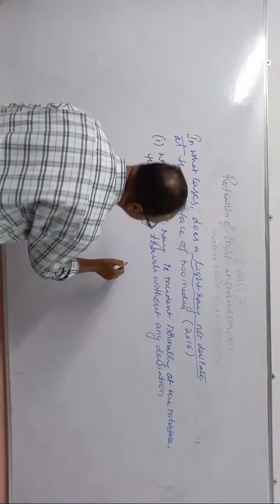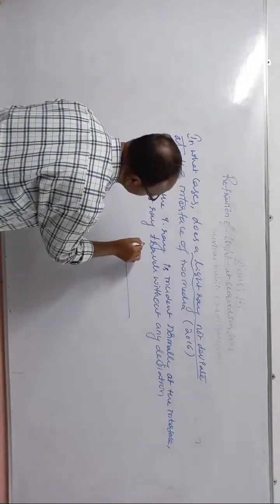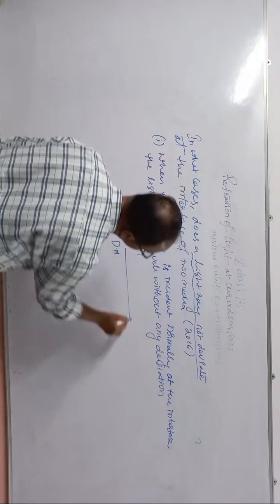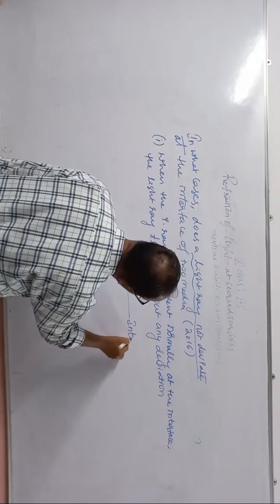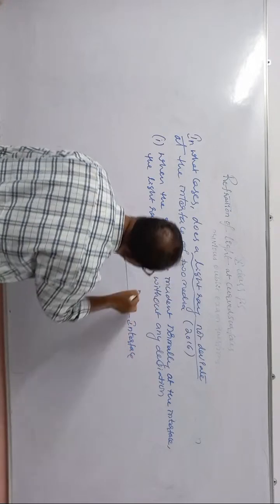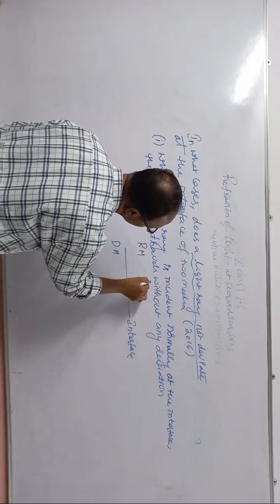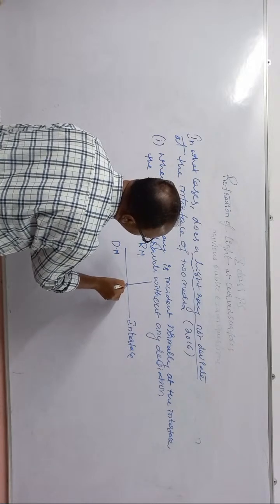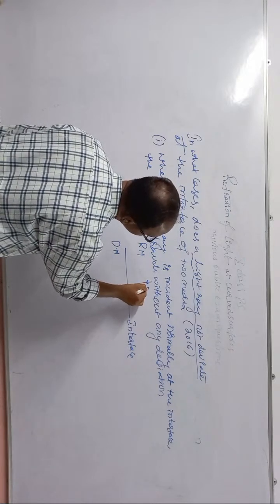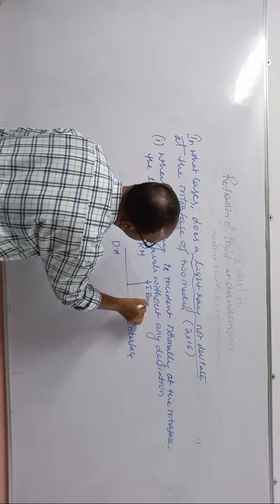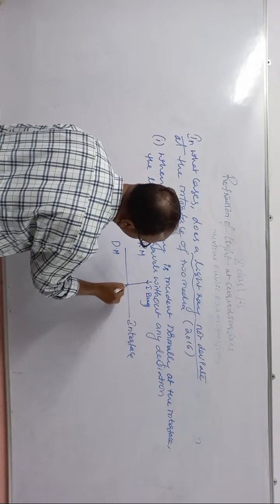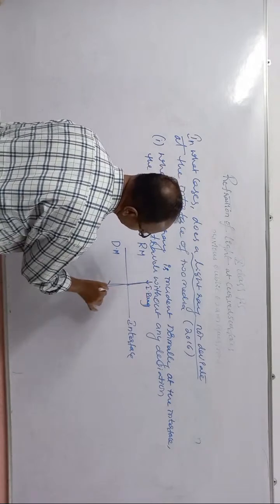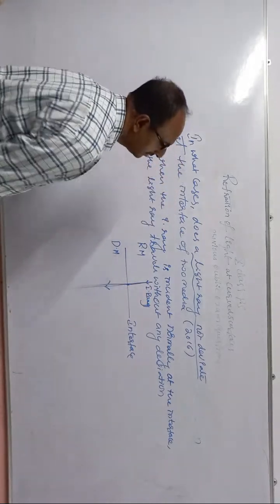So like that, for example, it is the interface, rarer medium, denser medium, and this is called interface. And this is an incident ray, exactly incident normally, and after the refraction it travels straight out without any deviation.